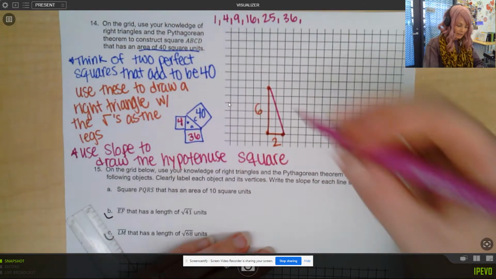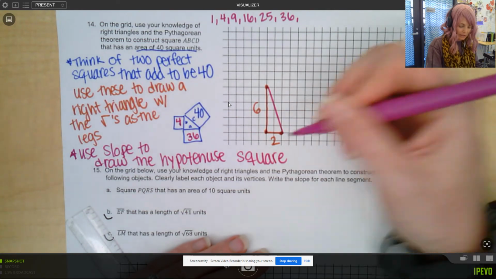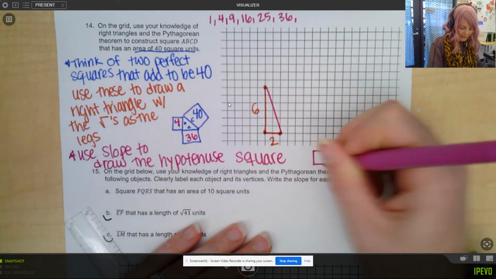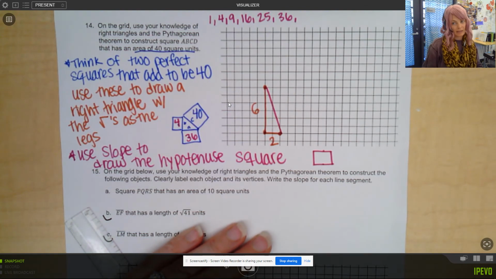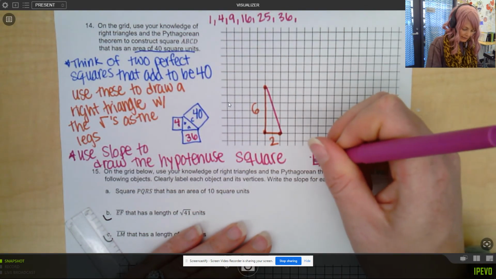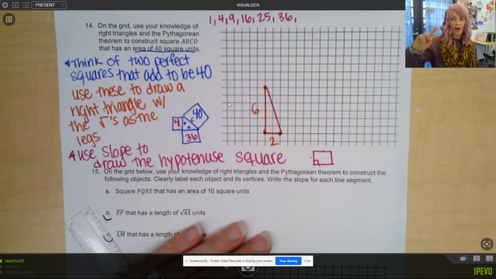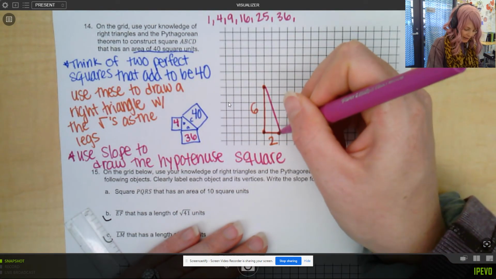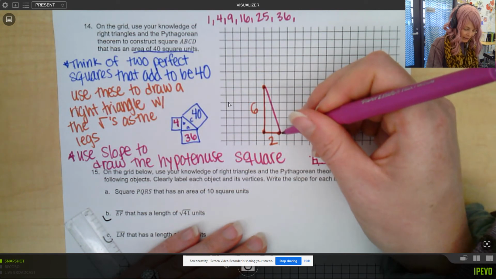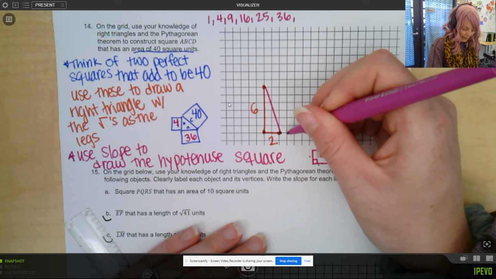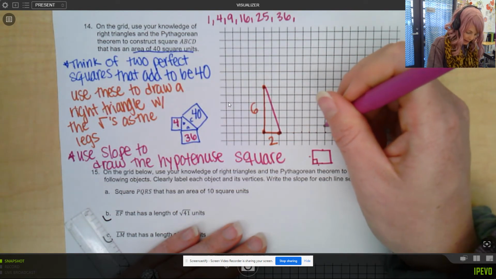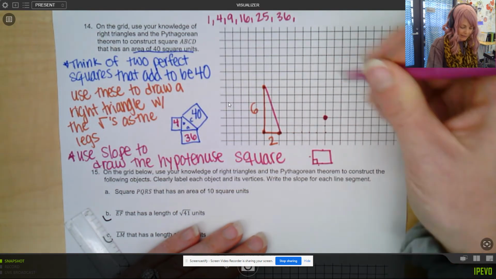So what I mean is, since I'm going down 6 and right 2, and I know that a square has opposite sides that are parallel, so they have the same slope, and adjacent sides that are perpendicular, meaning their slopes are opposite reciprocals, I can go down 6, right 2, which means I can go right 6, 1, 2, 3, 4, 5, 6, and up 2 to get to the next vertex.